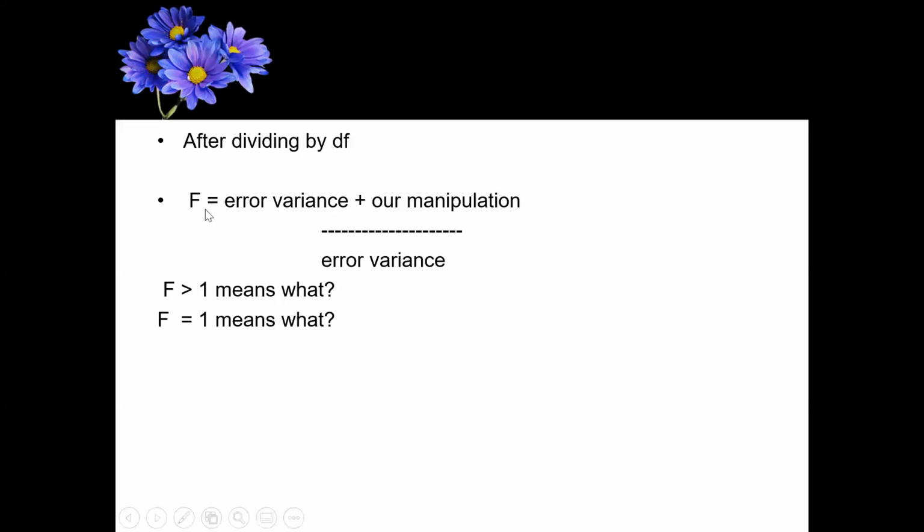So an F ratio is going to be dividing, again, including degrees of freedom, which we'll get to, possibly error variance, or error variance for sure, and also possibly variance from our manipulation. And you're going to divide that by the error variance. That's the logic behind an ANOVA.